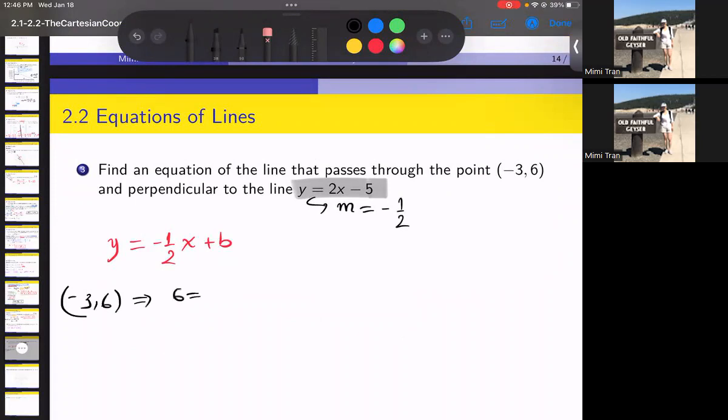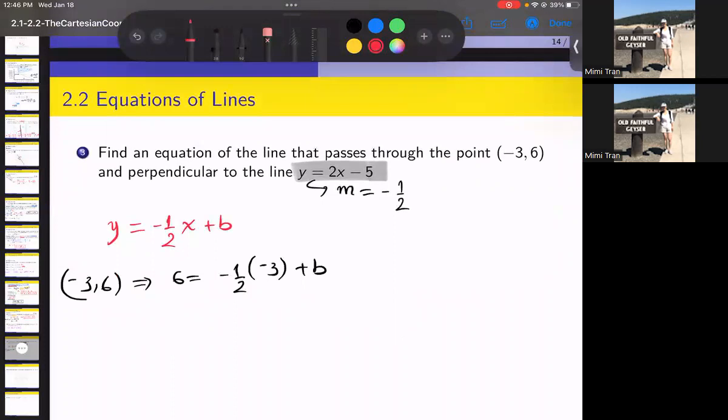6 equals -1/2 times -3 plus b. I'll do it slowly. Positive 3/2 plus b equals 6. 3/2 is the same thing as 1.5. So subtract 1.5 from both sides. I have 3.5. 3.5 is the same thing as 7/2, right? Or you can use your calculator.